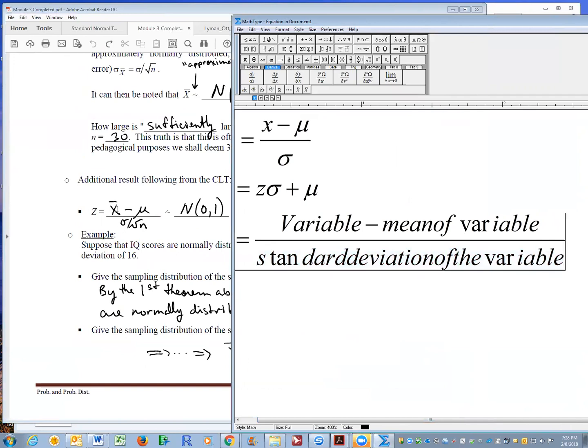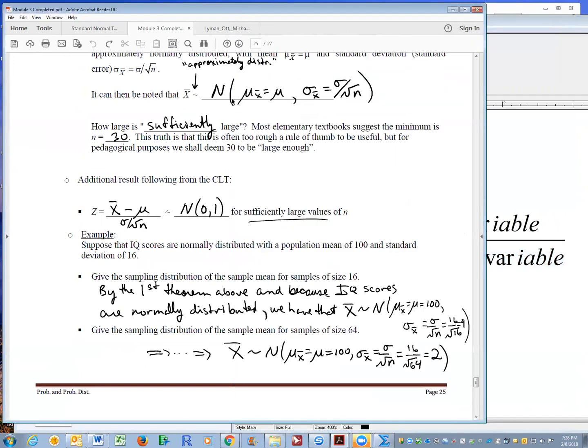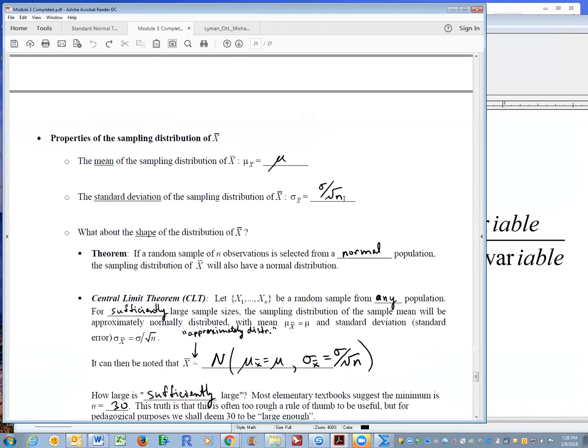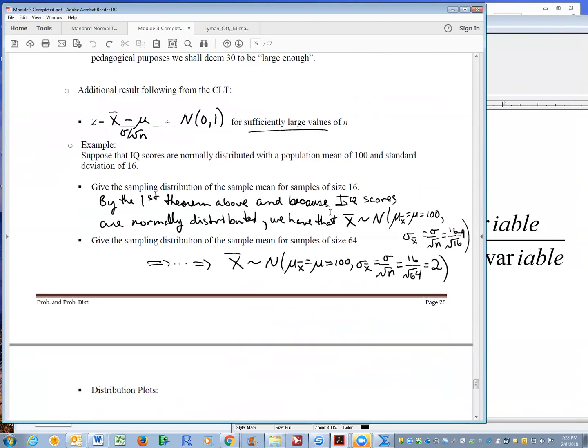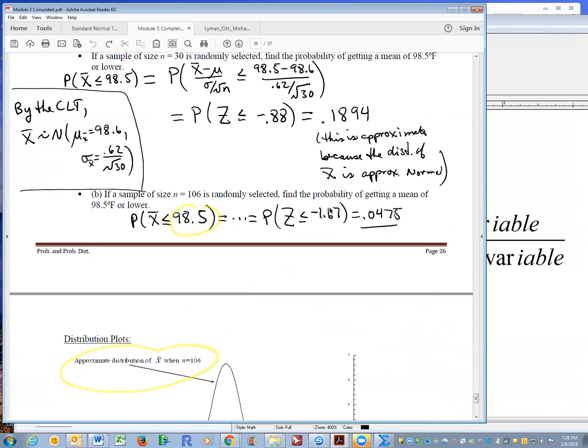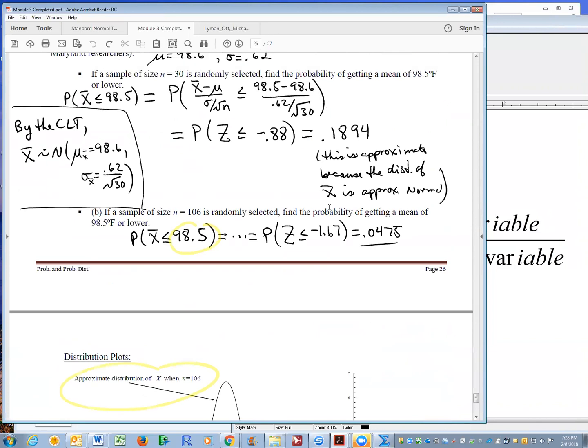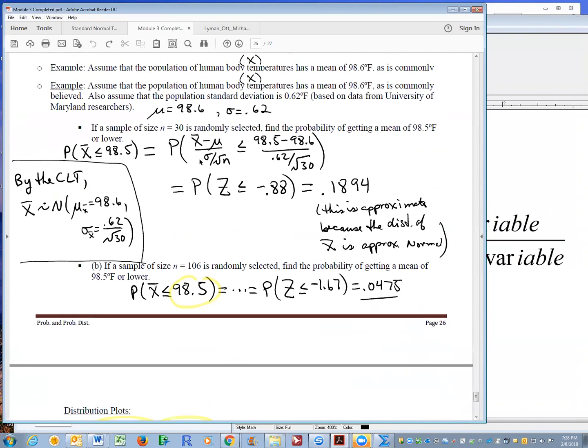What's the standard deviation of X bar? Well, it's not just sigma. The standard deviation of X bar is actually this right here, sigma over root n. So when I do this problem here, I've got the variable minus its mean divided by the standard deviation of X bar, which is sigma over root n.